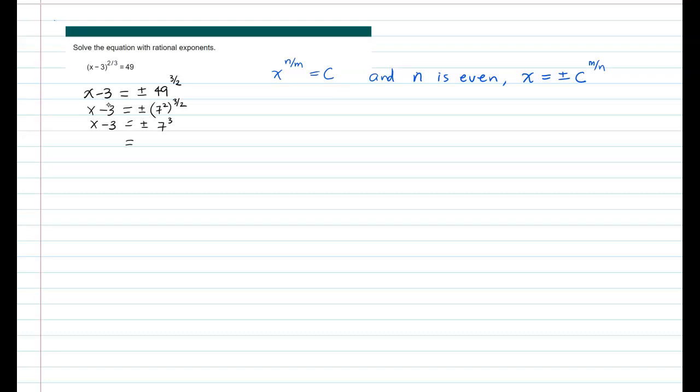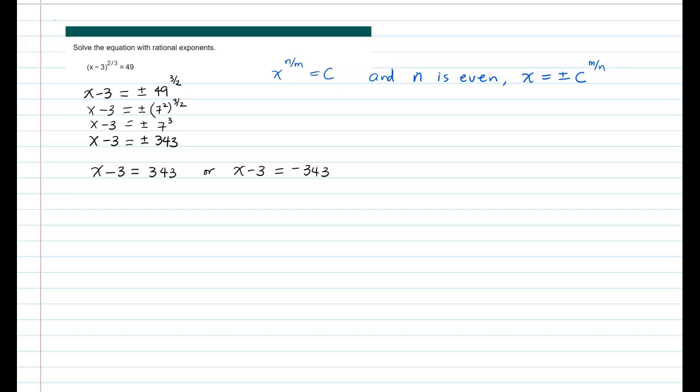And then you expand. What is 7 cubed? 7 cubed is 343. So you have x minus 3 equal to plus or minus 343. Then you could split that into 2 equations: x minus 3 equal to positive 343, and x minus 3 equal to negative 343.